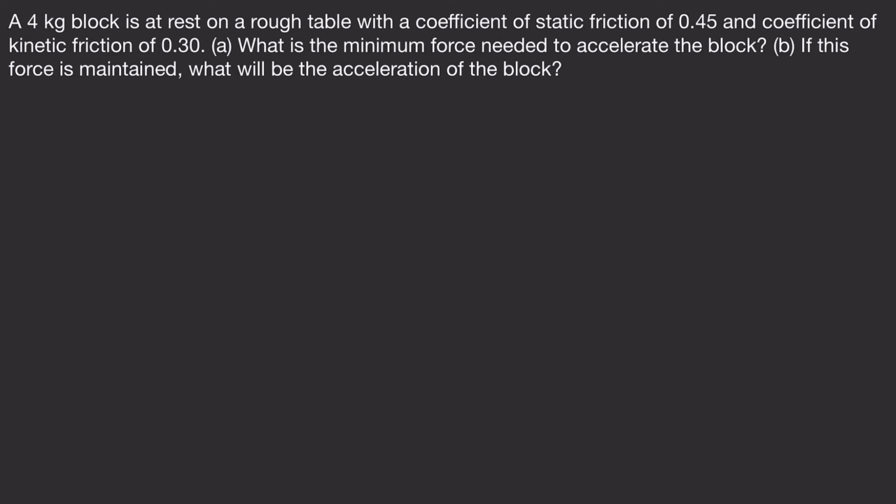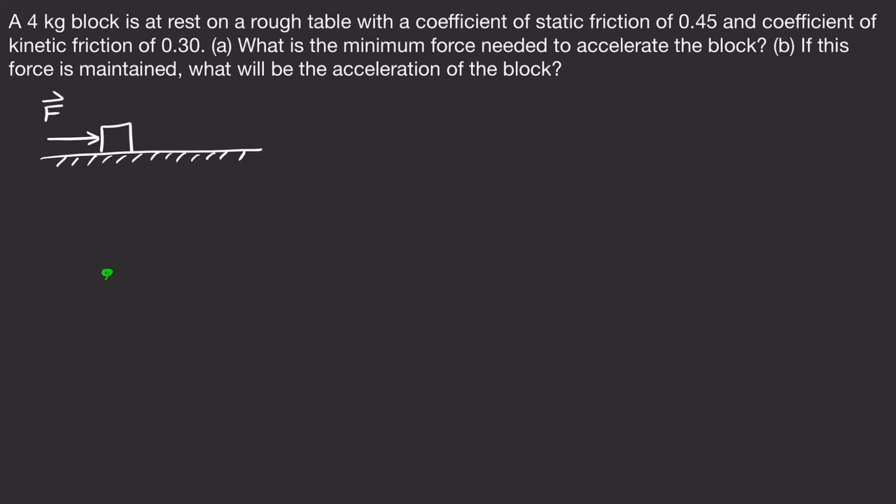Okay, so first I'm going to draw a picture so I know what's going on. So this block is on a rough floor. So I usually draw some dashes to indicate that. And there's a force needed to accelerate this block. And so I'm going to start by drawing a free body diagram.